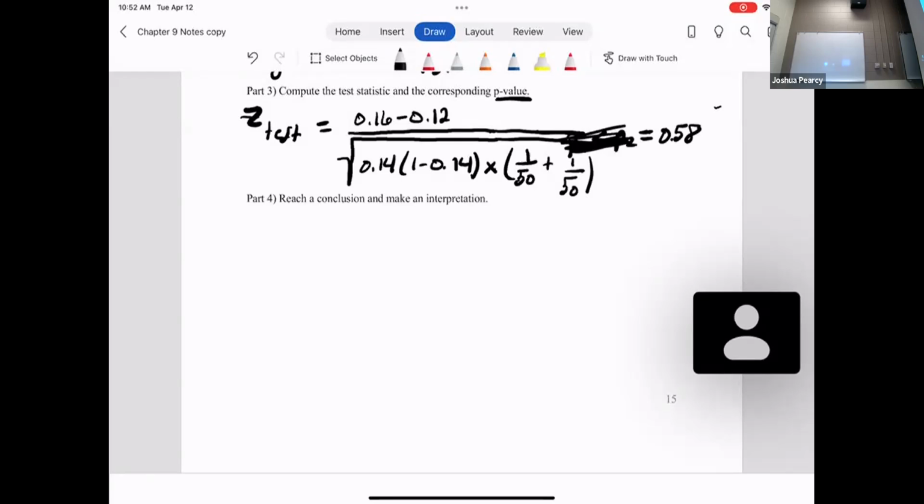Now, since it's a right-tailed test, we're going to find the p-value by looking at the area to the right of that test statistic. So to find the p-value, you look at the probability of getting a z-score greater than your test statistic, 0.58.